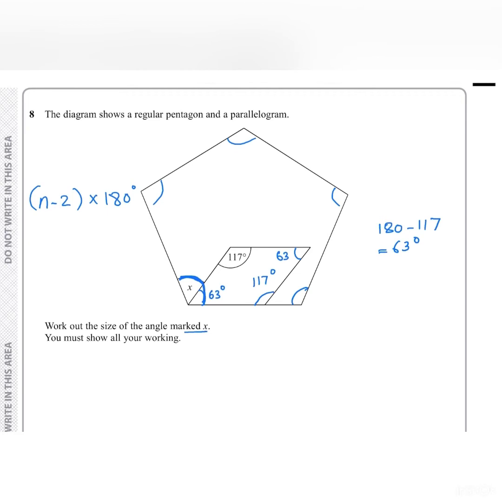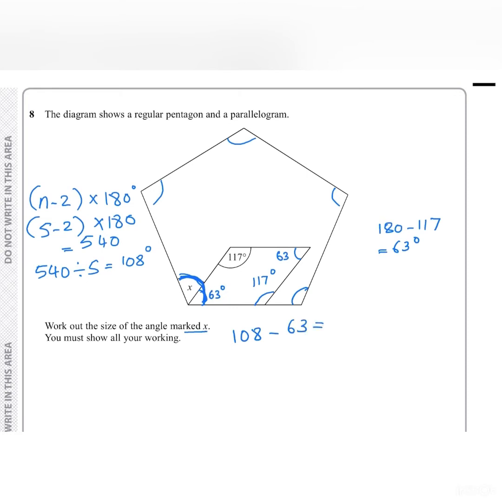So n is the number of sides, so 5 minus 2 times 180, that is 540. Now, since there are 5 equal angles, 540 divided by 5 is 108 degrees. So all of this angle is 108, but we already know part of this angle, which is 63. So 108 minus 63.